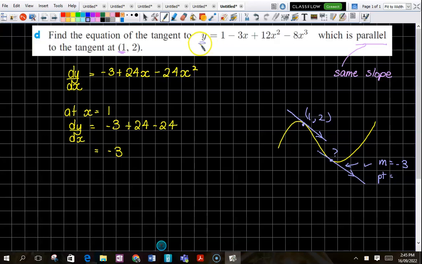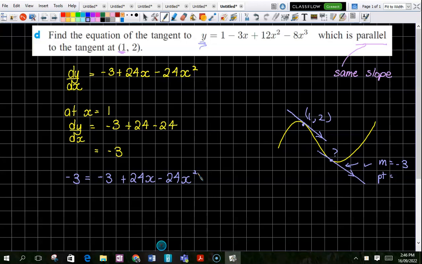It's not this, is it? dy/dx. So what we're saying is we want to find another occasion when the derivative is minus 3. When is the derivative equal to minus 3?